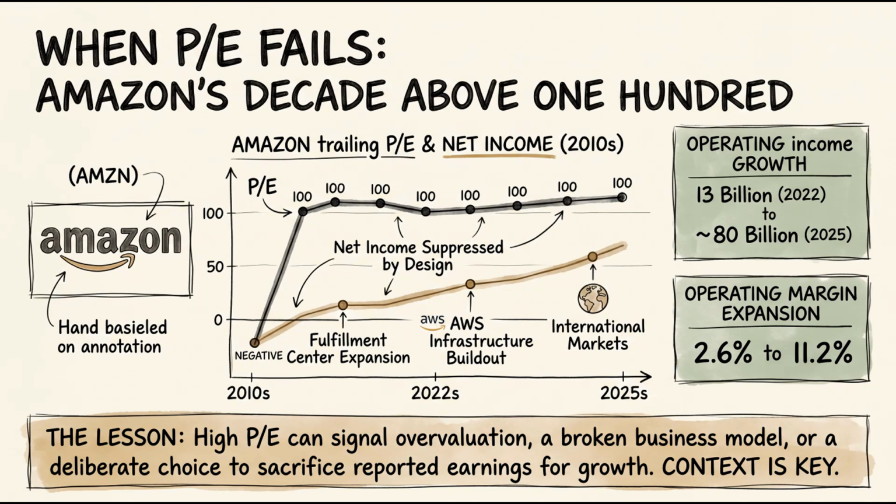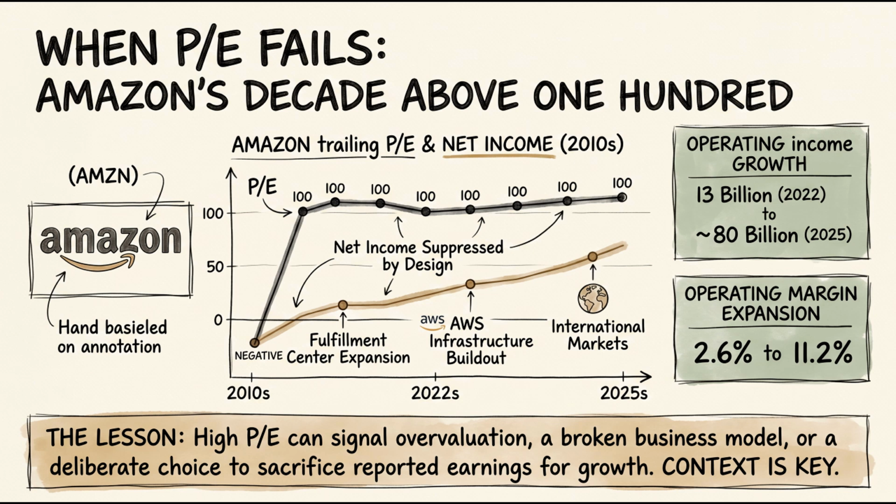Sometimes this ratio fails entirely, as seen with Amazon for most of the 2010s. Its ratio stayed above 100, and at times it even went negative. The stock wasn't overvalued. The metric was measuring the wrong thing. Jeff Bezos was deliberately reinvesting every dollar of operating cash flow into infrastructure and expansion, suppressing net income by design.